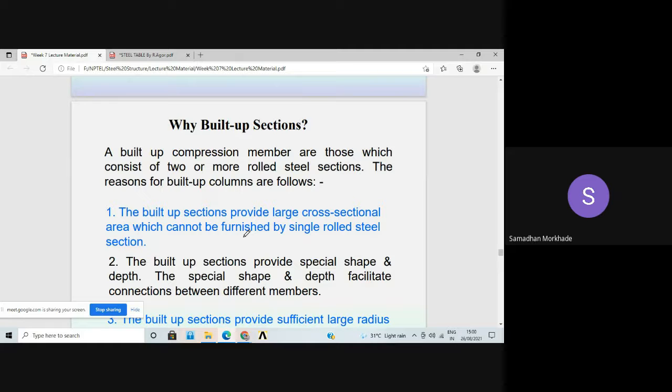We have to introduce some secondary arrangement in the section so that it will act as a built-up member, and that secondary arrangement is called lacing and battening.